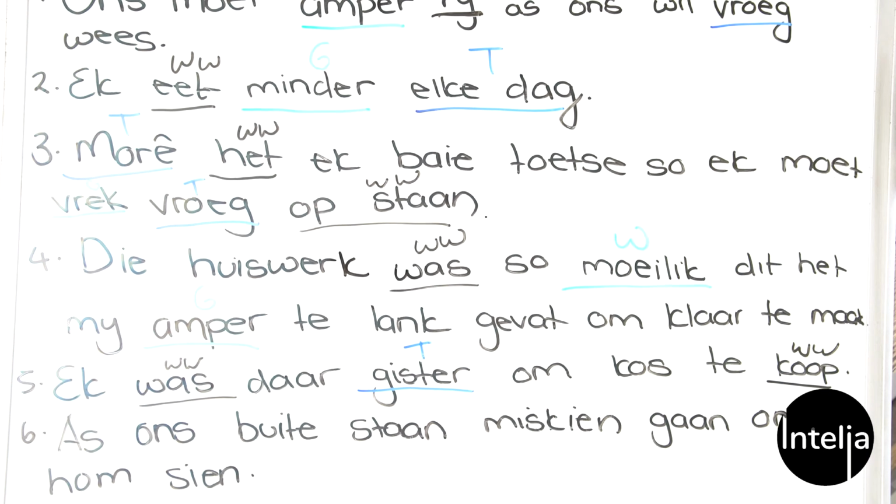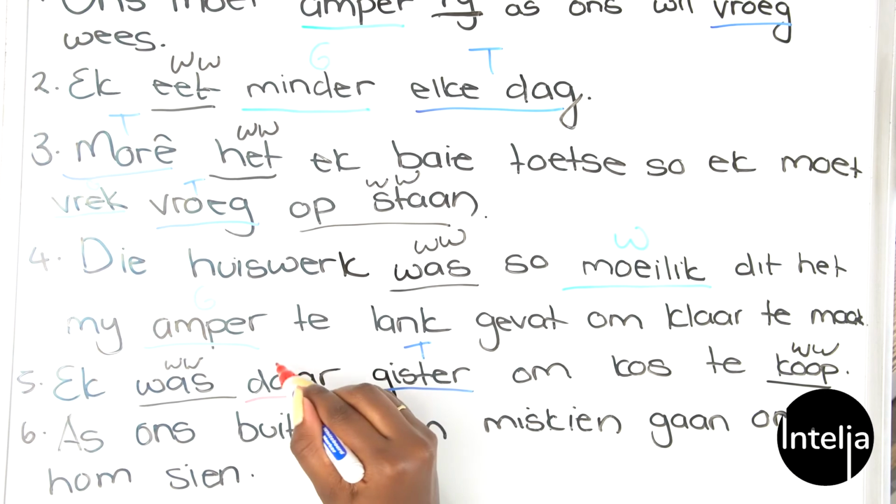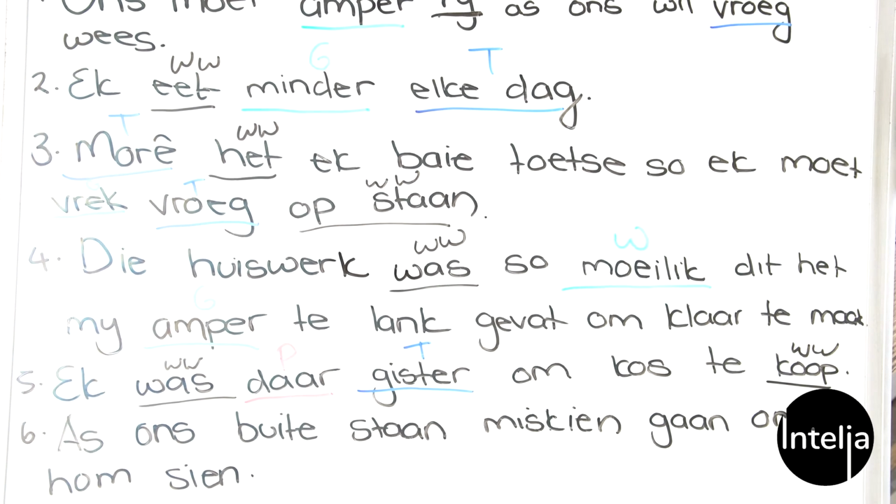Tyd, plek, waar, ja. Daar, ek meen. Daar is 'n plek. There, daar means there, that's a place. Ek was daar gister. I was there yesterday. Where were you? There. So remember, when we talk about wyse and we ask these questions, wanneer, waar, hoe, you actually have to ask these questions so that it can make sense when you are looking for them in the sentence.